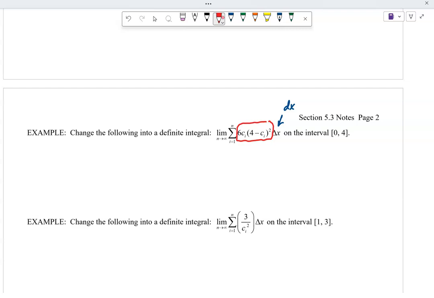So all I have to do is replace the ci with x. And then this is our interval from a to b. So the definite integral would be from a to b, from 0 to 4, 6x, 4 minus x, quantity squared, dx.